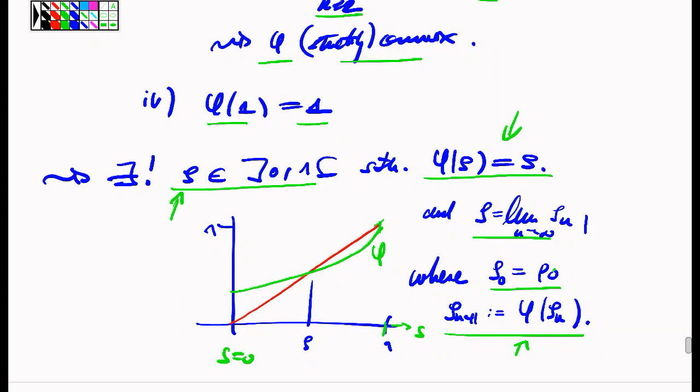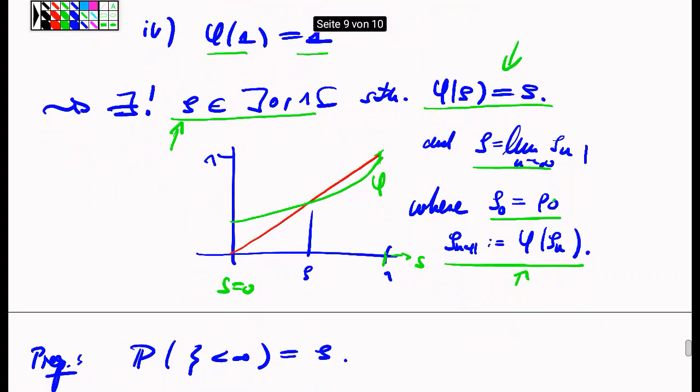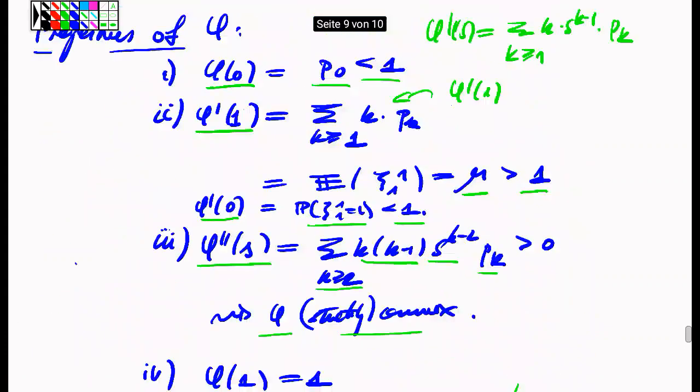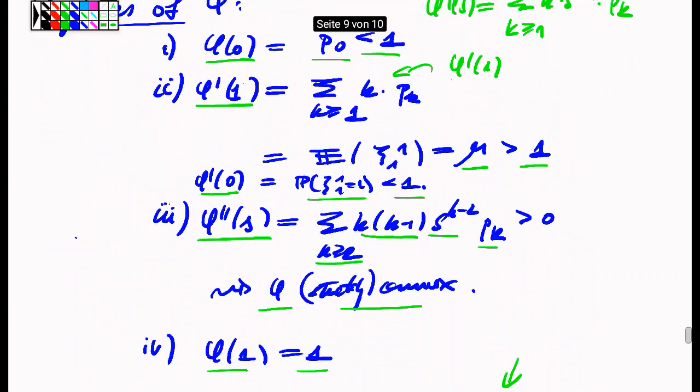So we have a local contraction, and this converges to this interior fixed point. That's a lemma from one-dimensional analysis, which you can apply here because the function phi satisfies these assumptions.